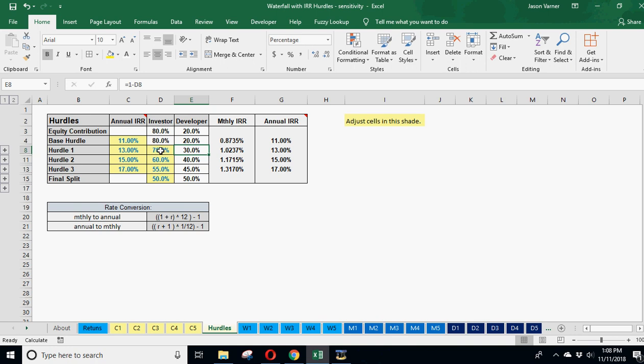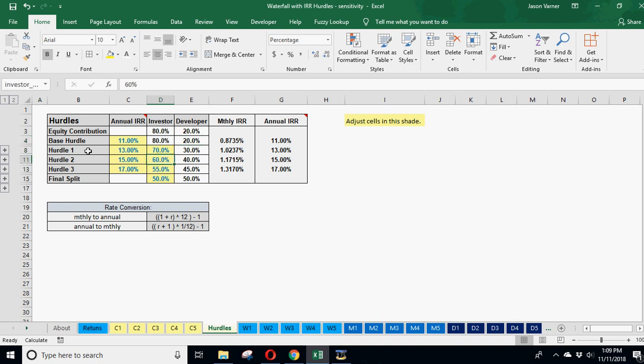And this is the promote to the developer. You can see I'm just backing into the promote by saying, okay, the investor gets 80%. After 11%, they're going to get 70. Therefore, the developer now gets 30 instead of 20, and so on down the line.